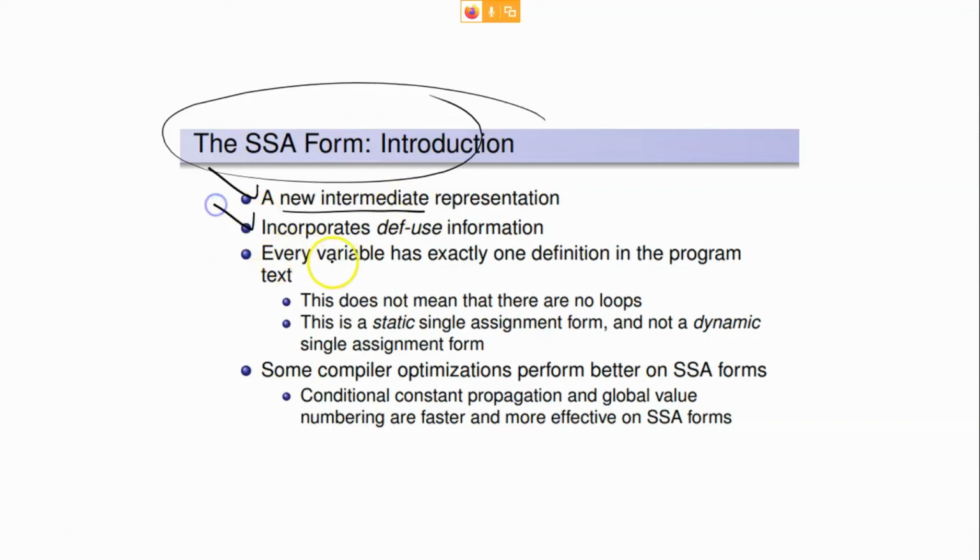Now the concept that SSA uses is def-use information. We will see this in compiler optimization also, but let me tell you what def-use is. Def means definition, use means use. Whenever you have some 3 address code, you can define any number of times.